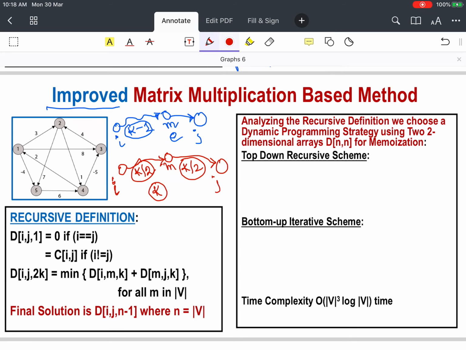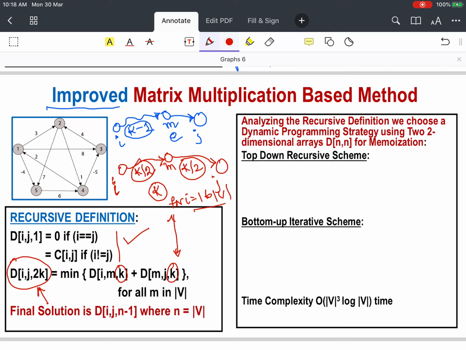By doing this, we can reduce the number of iterations. While the base condition remains the same, the recursive condition says that given a path of length k and another path of length k, we can determine a path of length 2k. This gives us a very increased advantage, because the outermost loop was from i equal to 1 to v.